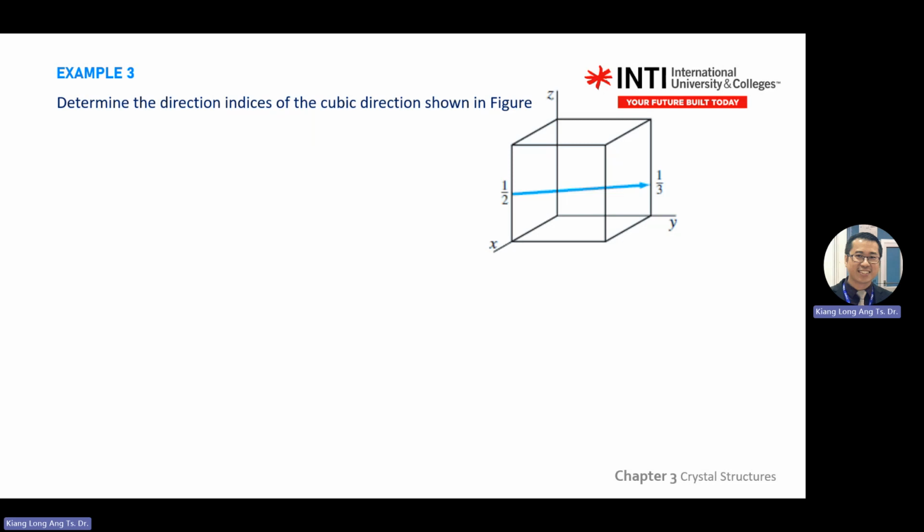Sorry, actually I gave you the wrong answer. The one moving by 1 is only the Z position. I gave you the wrong answer just now. Y is 1, correct? Y is 1 because the blue color is actually moving in the Z direction.